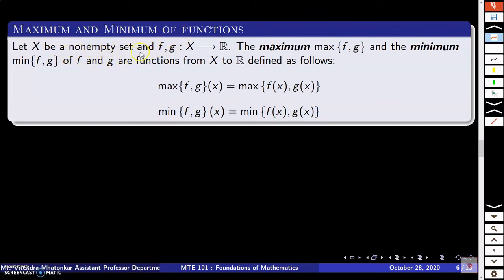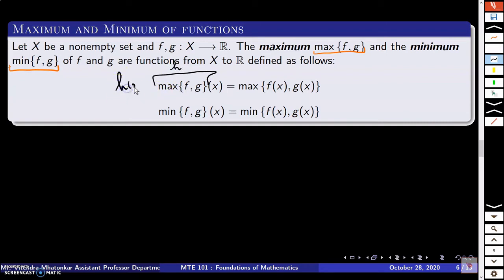Supposing X is a non-empty set and you have two functions f and g from X to R, then the maximum and the minimum of these two functions f and g, denoted this way, they are also functions from X to R. Okay, so given two functions from X to R, f and g, the maximum and minimum is also a function from X to R, and maximum of f comma g of x. So this is like a function now. You can give this some name. You can say h, say.